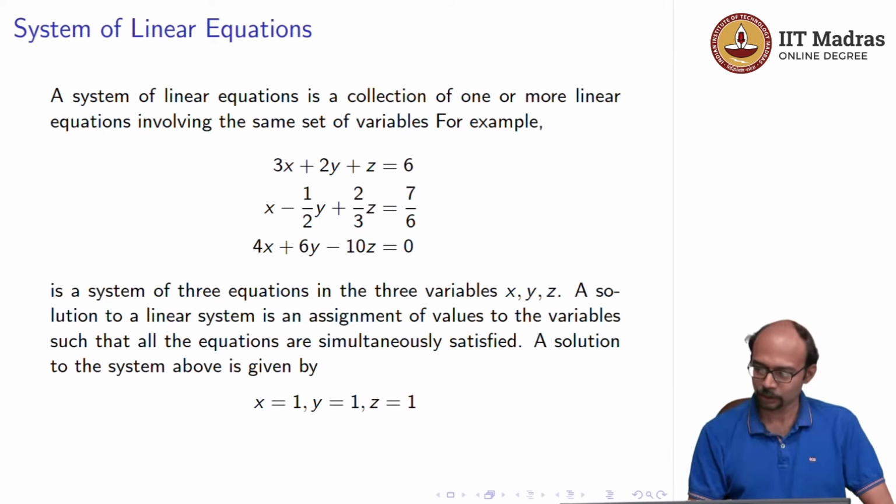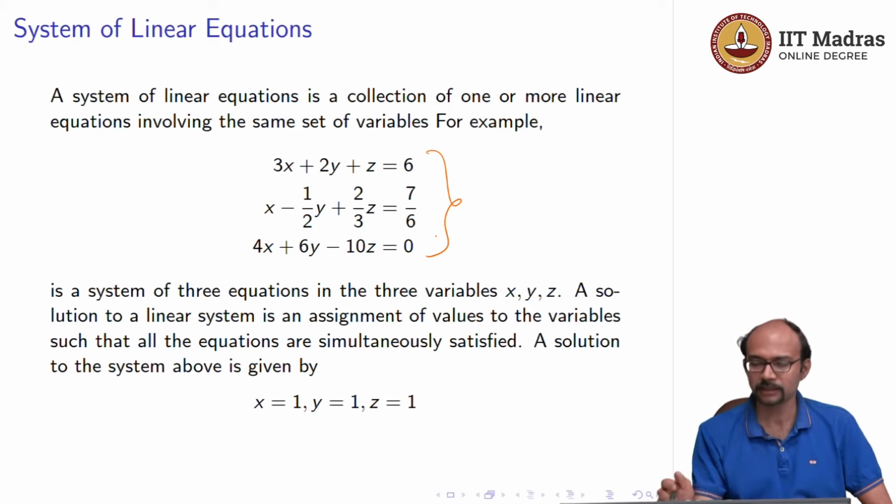What is the solution to this system of linear equations? That means if you put x equals 1, y equals 1, and z equals 1 in this system, then these equations are solved.